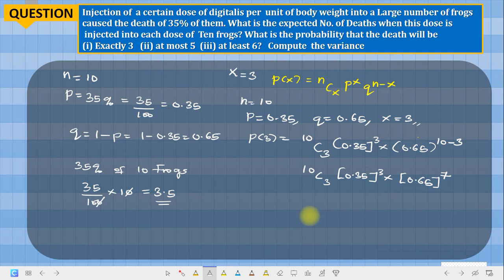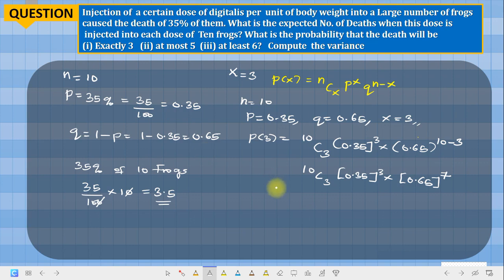Let me punch. This becomes 10 combination 3 times 0.35 raised to the power of 3 times 0.65 raised to the power of 7, and that gives us 0.2522.